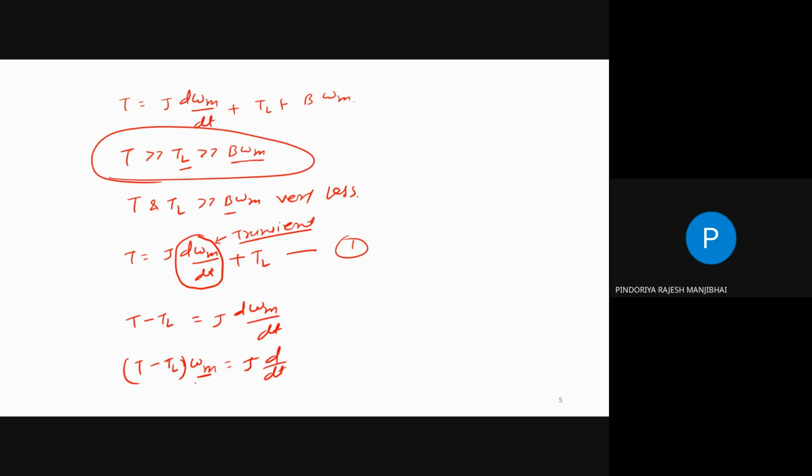Then with respect to time, J divided by omega m times T minus TL is equal to dt. Can you write this equation like this, from equation number 1?